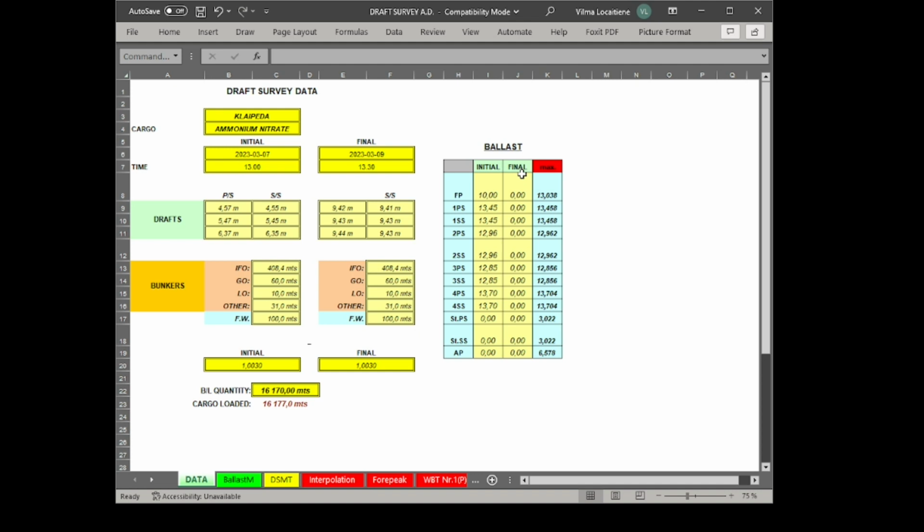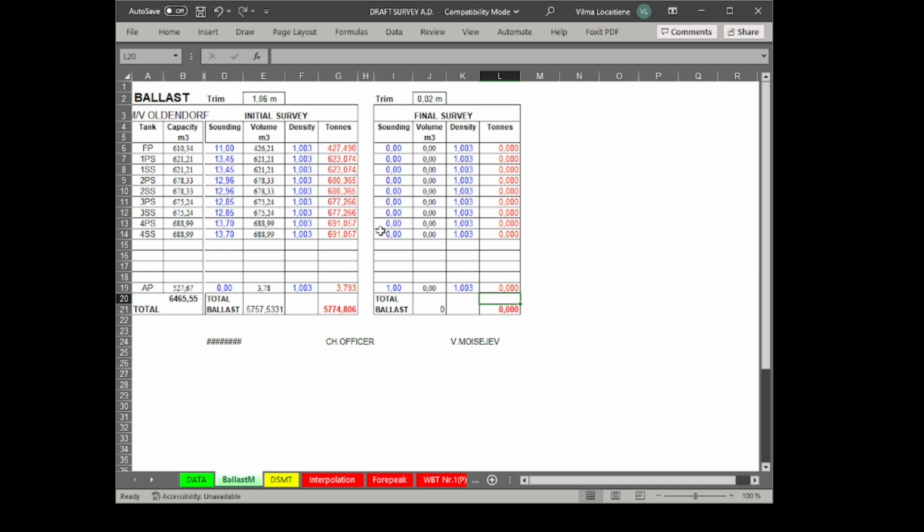And as you can see in the table, during loading all the ballast was pumped out. And there it is indicated that the final quantity of ballast in the tanks is zero.